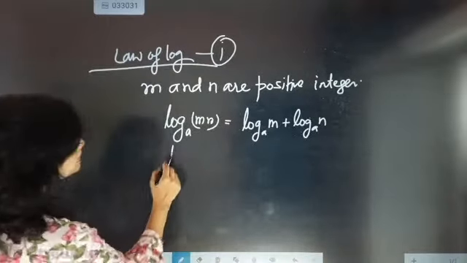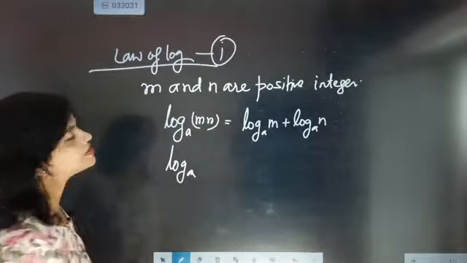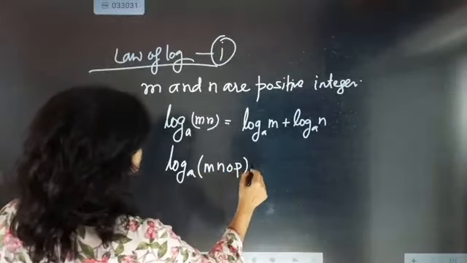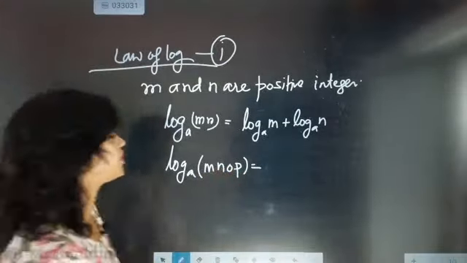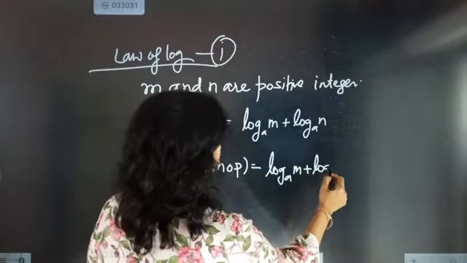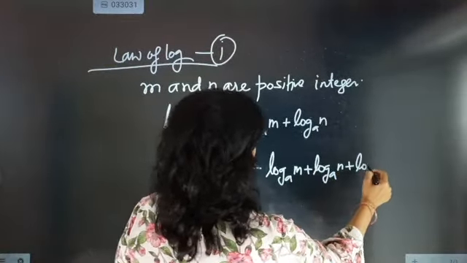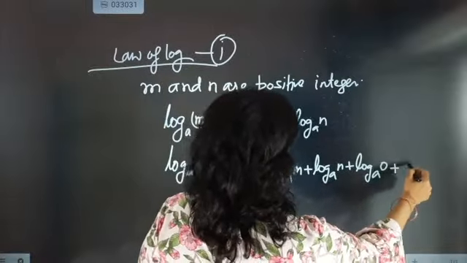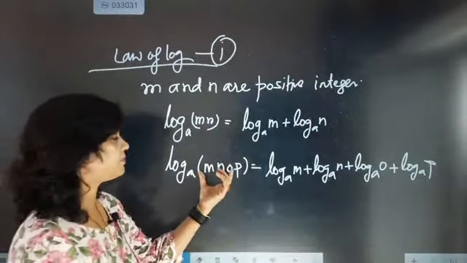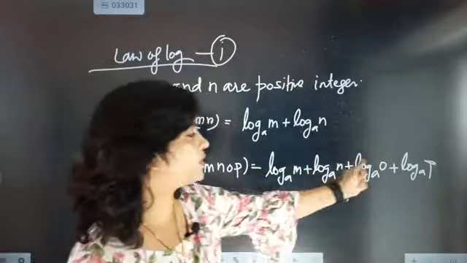Now if somebody tells you to generalize it, what that means is you can write m, n, o, p. If you are writing mnop, then it will expand in the same way: log a m plus log a n plus log a o plus log a p. However many variables are multiplied here, all will open in plus terms.